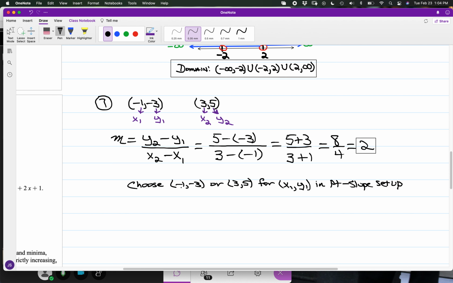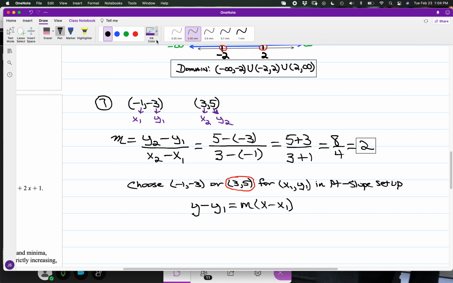You could choose -1, -3 since we did work this out as x1, y1 for the slope, but you could also choose 3, 5. And for the point slope setup, we have y minus y1 is equal to the slope m times the quantity of x minus x1.